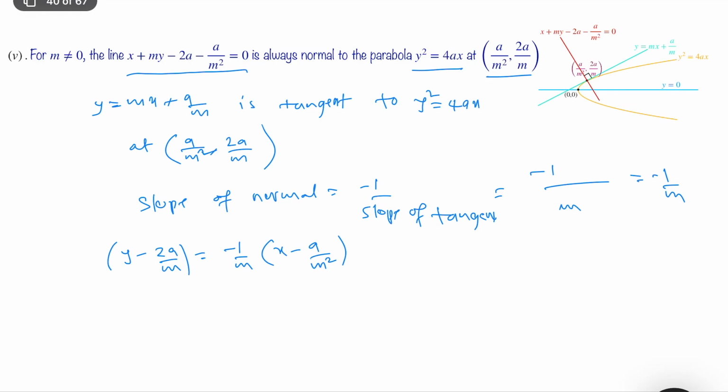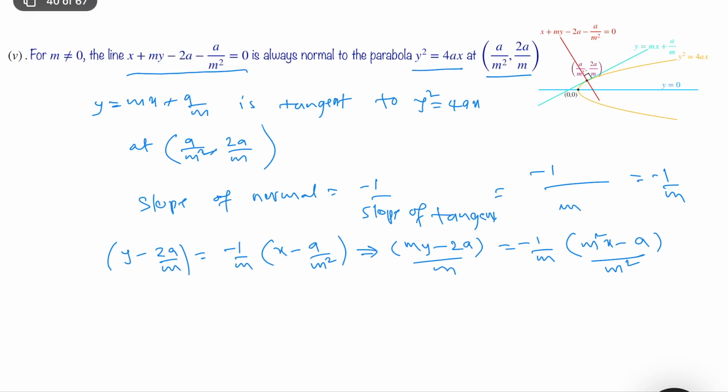This one I can write as y minus 2a by m equal to minus 1 by m square times x minus a by m square.